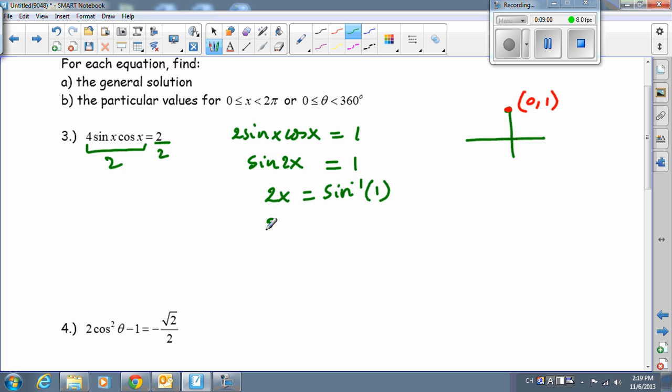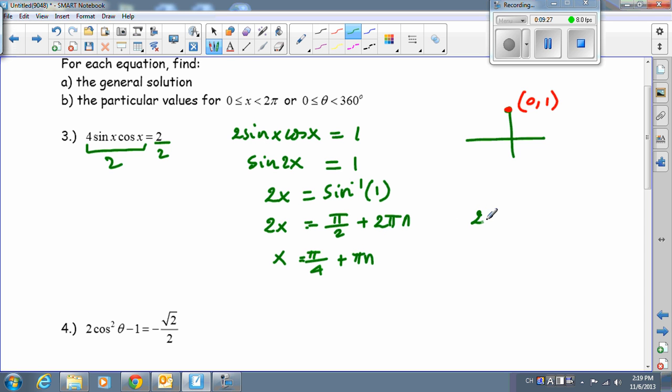So I will end up with 2x is equal to pi over 2 plus 2 pi n. Note that we're dealing with sine, and we're doing between 0 and 360. So x is equal to pi over 4 plus pi n. That's only one of them.